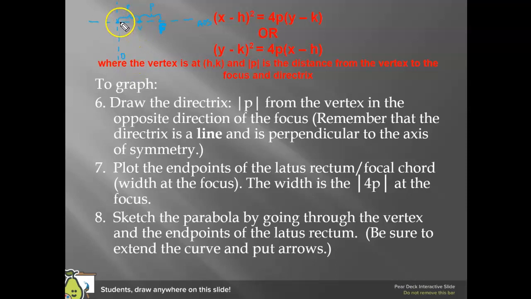And so if I have a point that is this distance here, 2p, going up this way, that means that it's going to have to be 2p away from the focus as well.